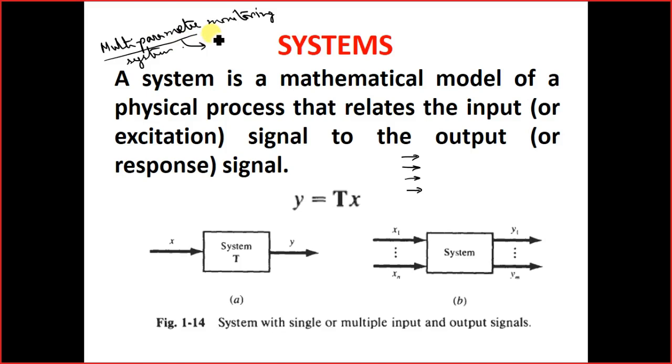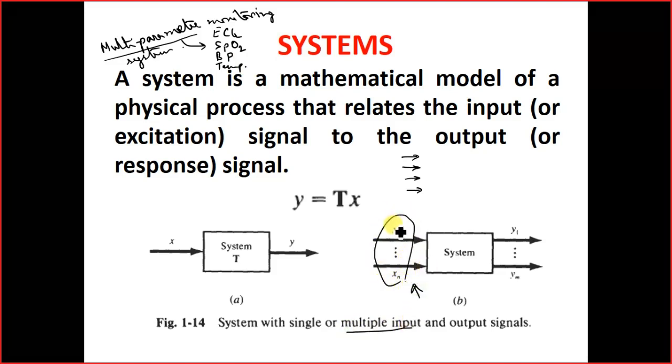So what might be the inputs? The inputs may be the signals from the ECG amplifier, SpO2 amplifier, BP measurement system, temperature system, thermistor. In multiple input systems, we have n number of inputs. It may be from the ECG sensor, the SpO2 sensor, the BP sensor, the temperature sensor.